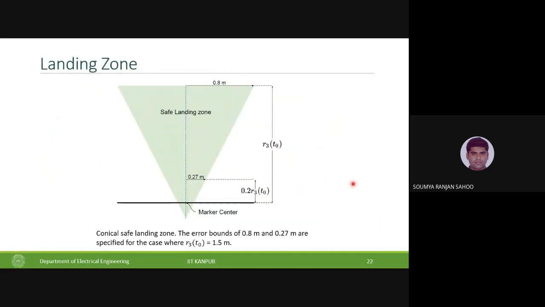Okay, so what we did was, depending on the UAV size and the platform size, we constructed a conical landing zone.